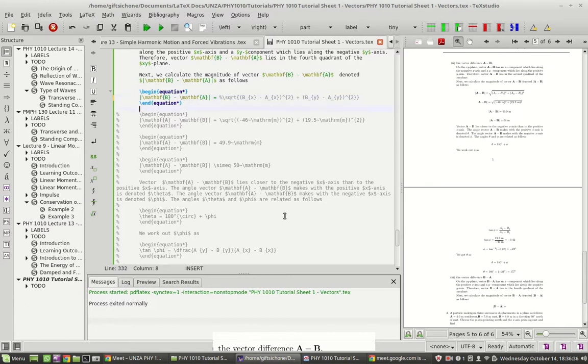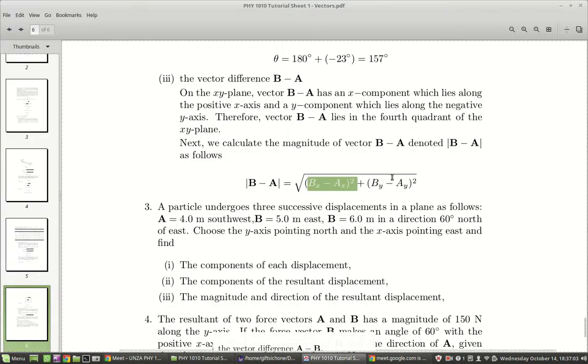How do you work out the magnitude? We square the x and y components of b minus a, add them, and then take the square root.